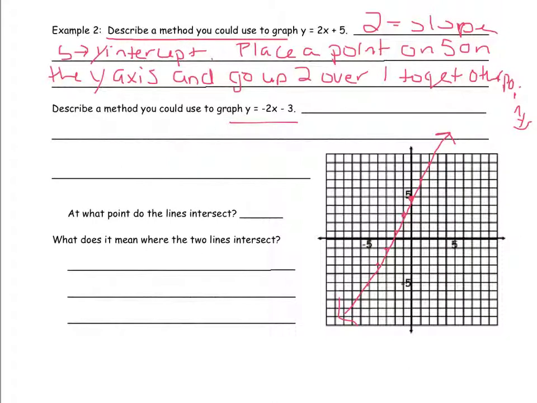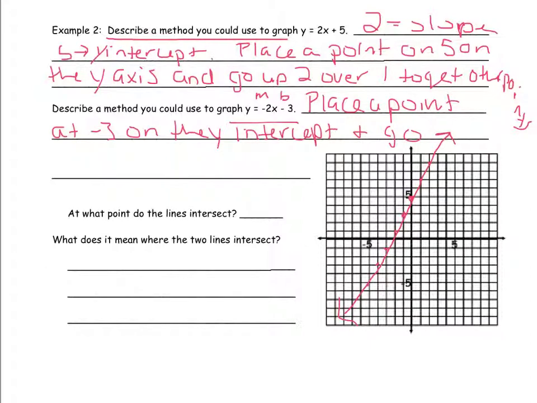So here, remember this -2 is my slope, the -3 is my y-intercept, so we can place a point at -3 on the y-axis and go down 2 over 1 to get to the other points.